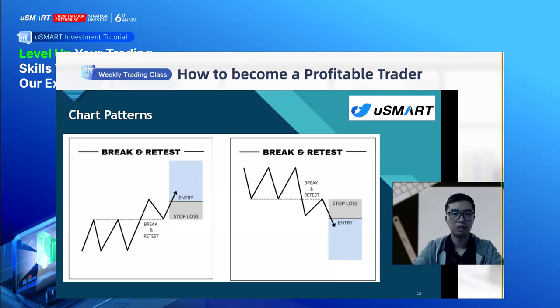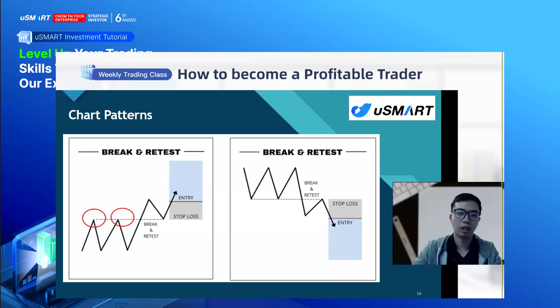So we can see that there's a strong resistance there. When the market breaks out, we need to wait for it to come back to the previous resistance, and when it forms a certain bullish confirmation, at the same time it's at the support area, then we can try to make an entry.